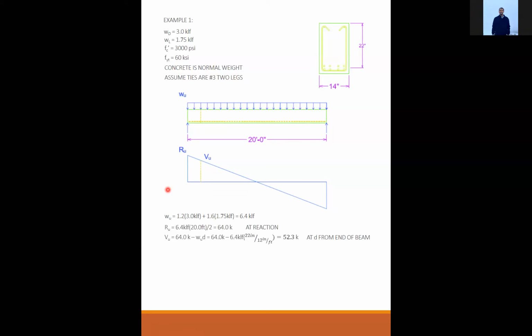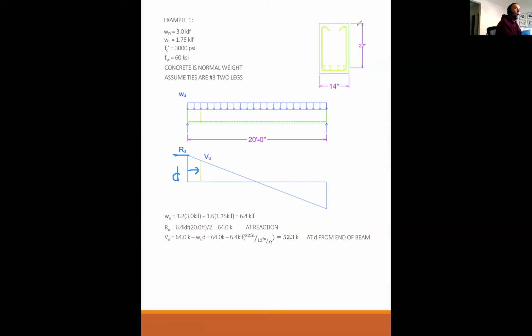So could you repeat the at the end part? Like what do you mean at D from the end? Okay. D is 22 inches. Right. Okay, so that's defined. We have a defined distance for D. The code says, I can draw it on here, the code says I don't have to design for this end reaction. It's fairly large. I can go from the end of the beam a distance equal to D. Oh, okay.